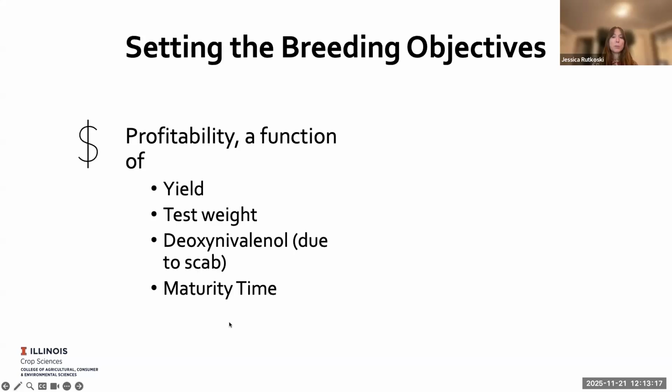And maturity time is important because for the double crop system, the earlier that the wheat matures, the earlier the soybean can be planted, and then you're going to have a higher yield on the soybean crop. So really defining what the traits underlying profitability are, and then focusing in on those, is really critical when you're starting or redefining your breeding program.